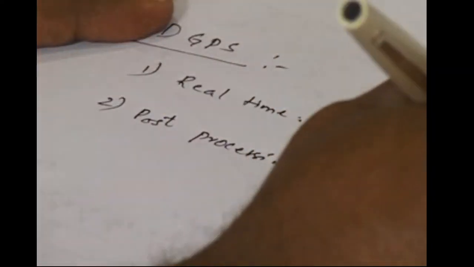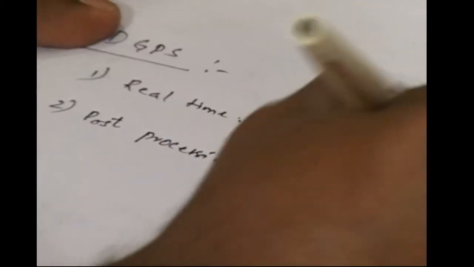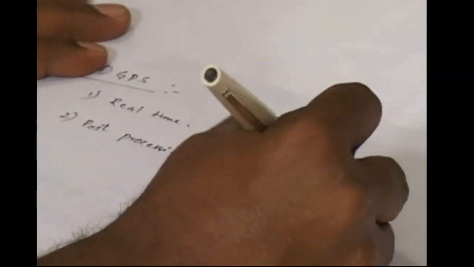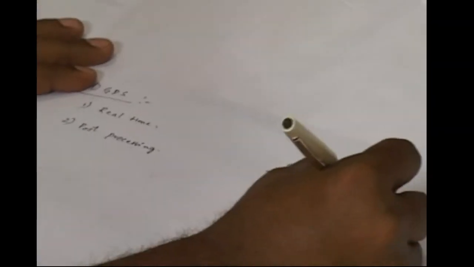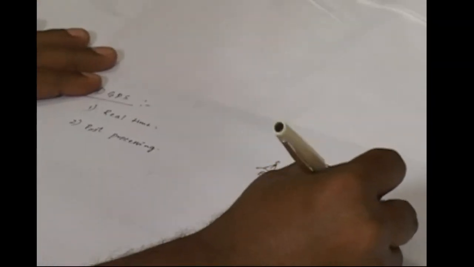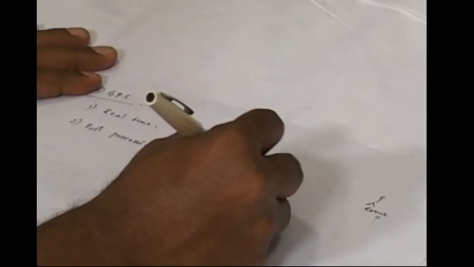In real time, by this time you understand that you need to place a receiver over a base and a receiver over a rover whose position is not known, and here we know the position of the base. Now we are talking of the real time.